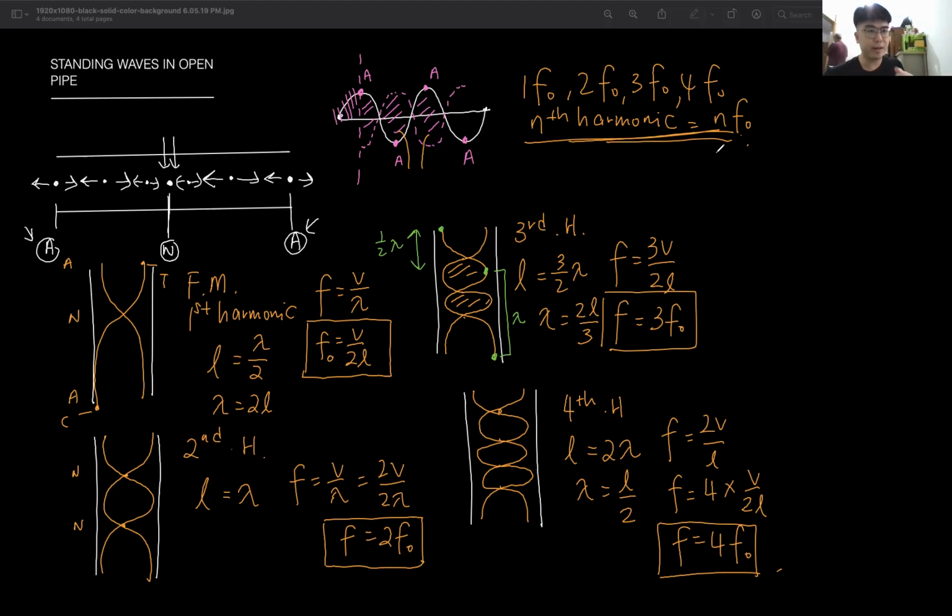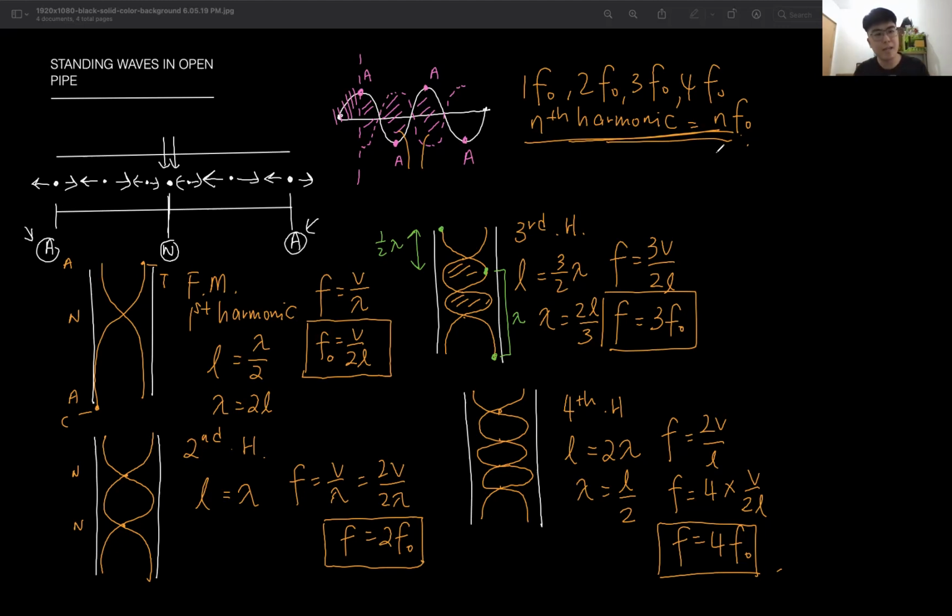You'll find that the open pipe will have a sweeter sound simply because it contains all of the frequencies. For the closed one, some frequencies are missing, the even ones. So if you compare the sound between these two, the one with the open end will give you a sweeter sound, like the flute.